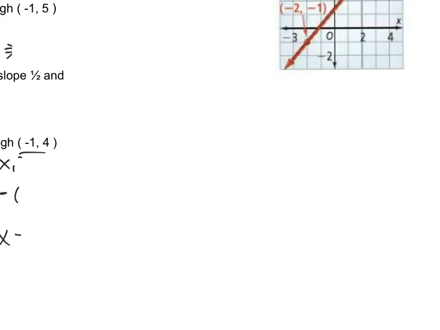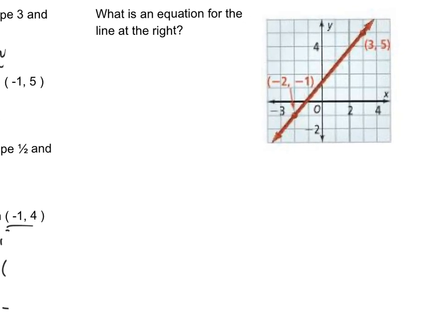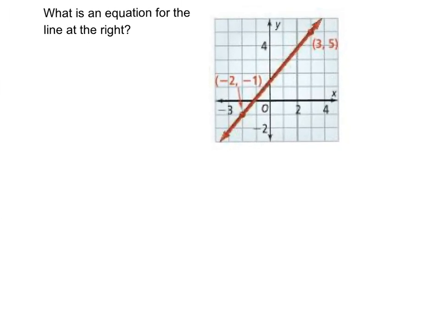All right, so in part 4, it asks us what is an equation for the line at the right. So the first thing that we need to do is find the slope. And remember the slope is y2 minus y1 over x2 minus x1. Well, our points are -2, -1, and 3, 5.